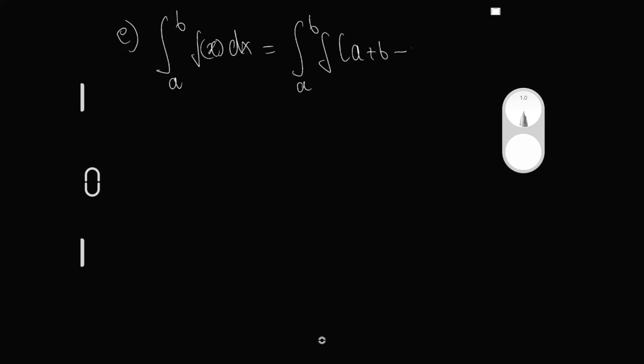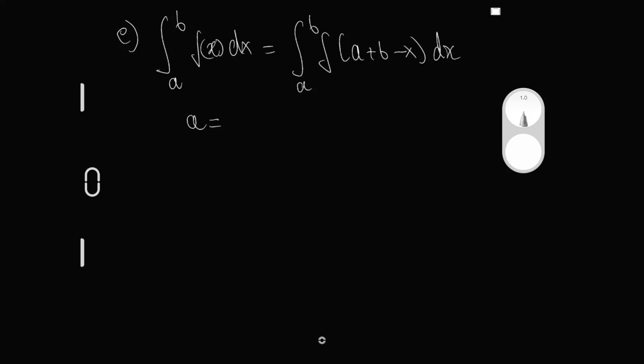The next property is the most important one, or they say the King's rule. Integral of a to b f of x dx is equal to integral of a to b f of a plus b minus x dx.